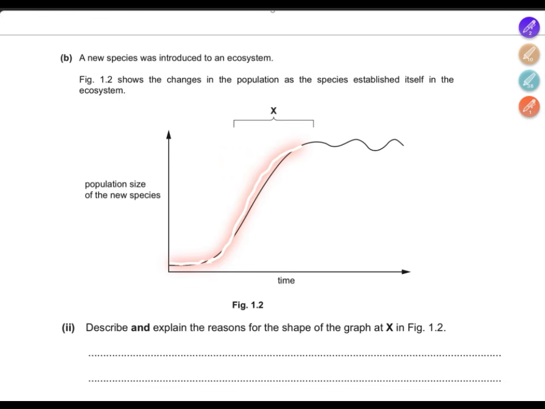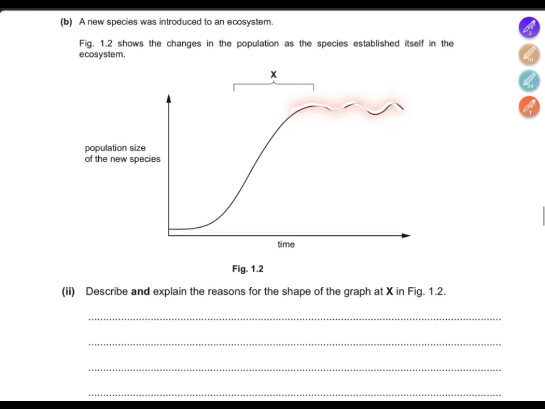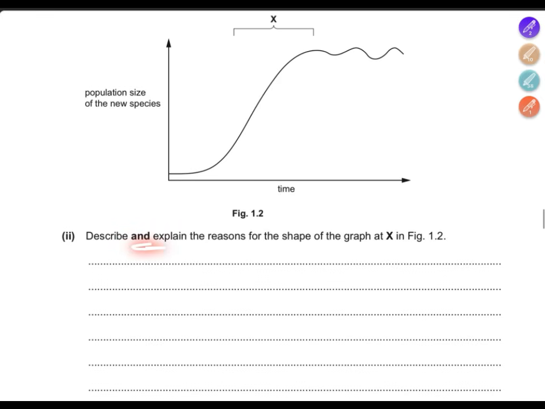It increases steadily. It's a good idea to use these terms because I've asked you to describe it, and then you can see that these are fluctuating a little bit. So describe and explain. They're asking you to describe the graph first. That means tell them about the shape of the graph, and then you have to explain what could be some reasons for the graph having this shape.